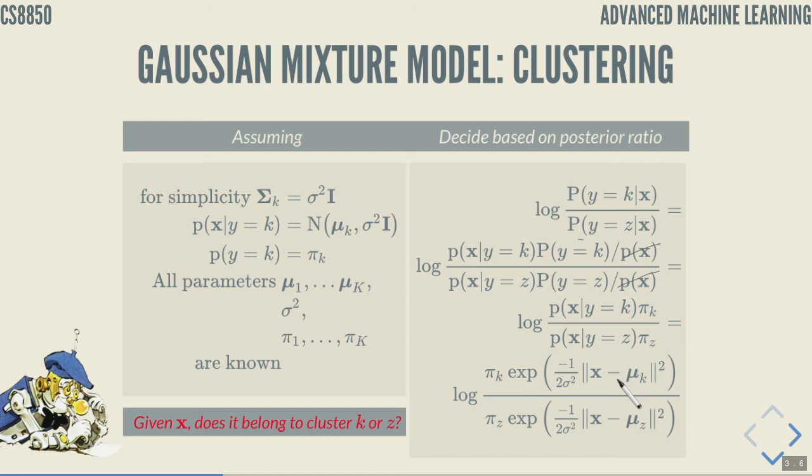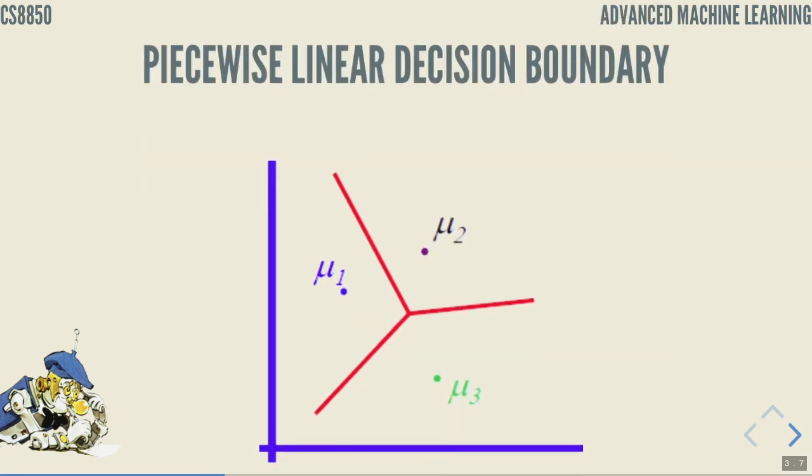The decision boundaries for Gaussian mixture models are linear, and especially in the spherical case, those linear boundaries are also pretty close, or actually the same, to the Voronoi tessellation of the space.